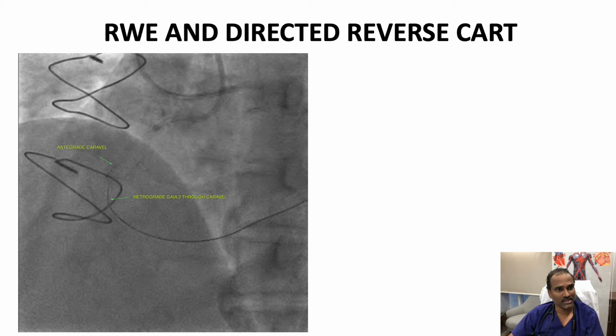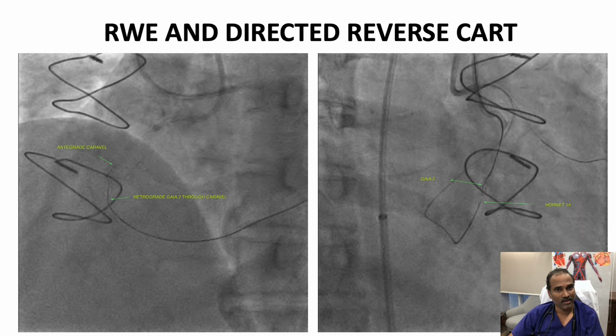I escalated the retrograde wire to Gaia 2, and we can see the Gaia 2 is almost coming in approximation to the antegrade Caravel. But after repeated attempts at directed reverse CART with a 1.5 millimeter balloon, we couldn't bring the retrograde wire into the antegrade lumen. So then I upgraded the retrograde wire to Hornet.